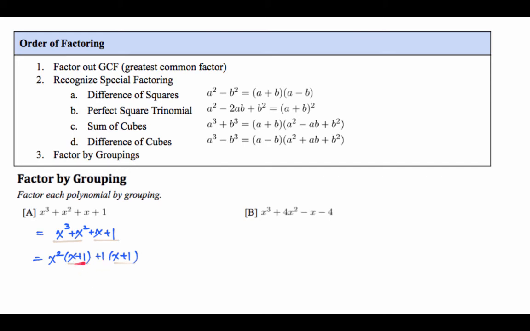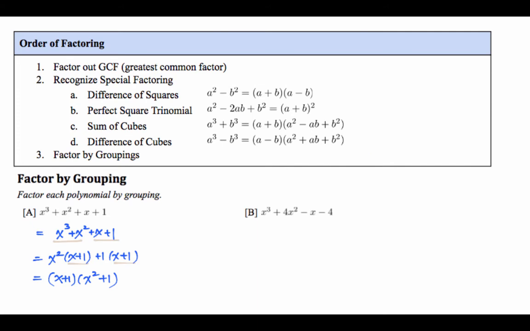When you see the two terms that are in common, factor that out, write that out first. And then you ask yourself, what's remaining after you take that out? x squared and plus 1. Okay? Now, it's not over yet. Ask yourself this question: is x squared plus 1 factorable? Does it fall into any one of these categories? When you examine a bit, you realize it doesn't, so we are safe to move on.